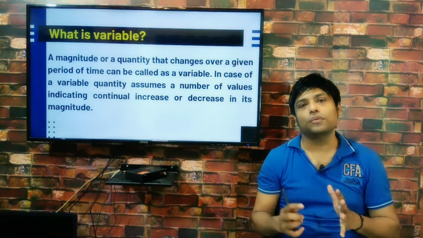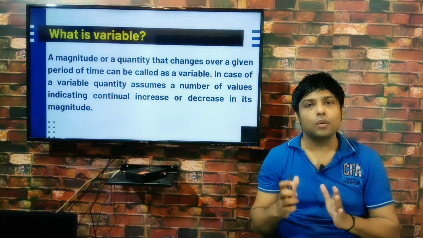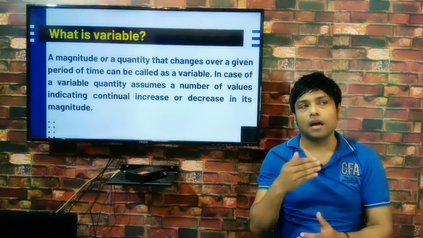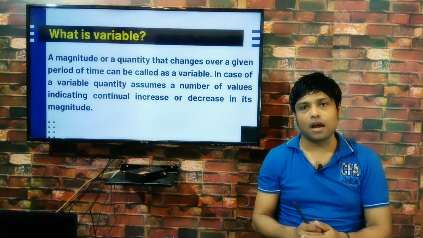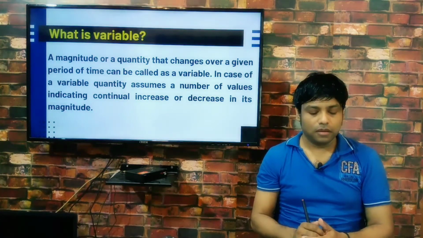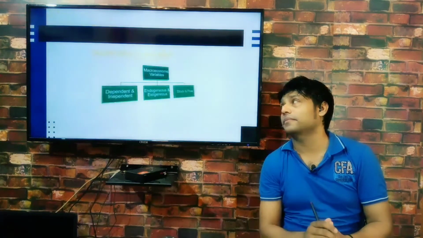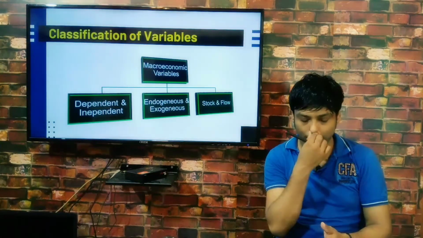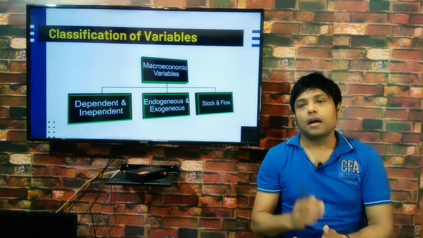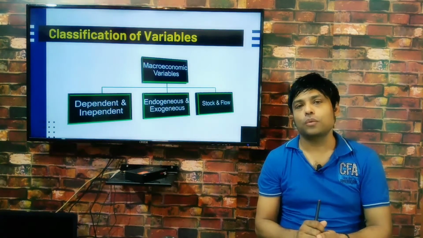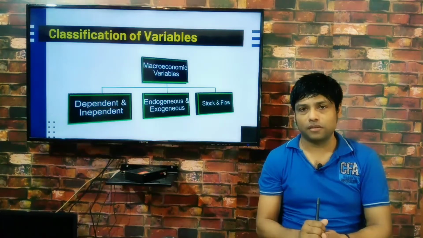Now we have to also know how the variables are classified, or how the macroeconomic variables are categorized. To understand that, I will have to change the slide. The basic anatomy of variables I have shown on the PPT screen.